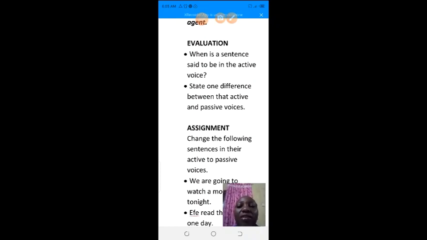It is clear and direct, telling us clearly who does what, and what was done on what. That is, the subject of the sentence is acting upon the verb.